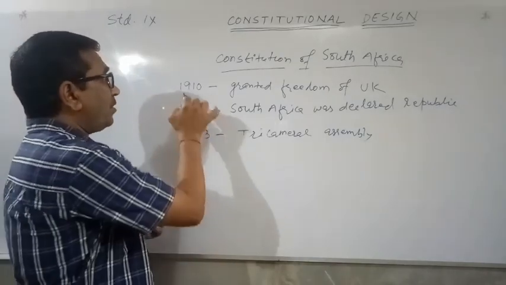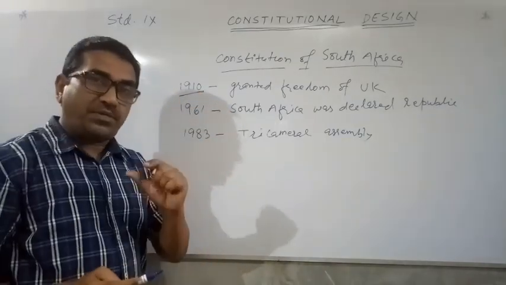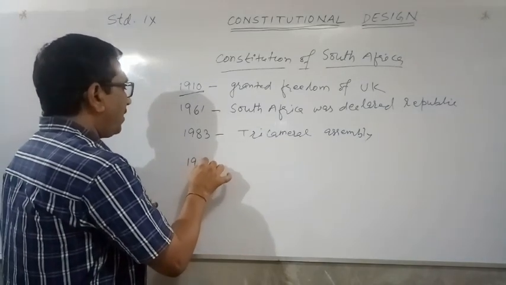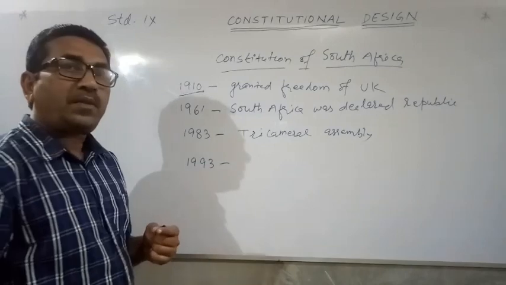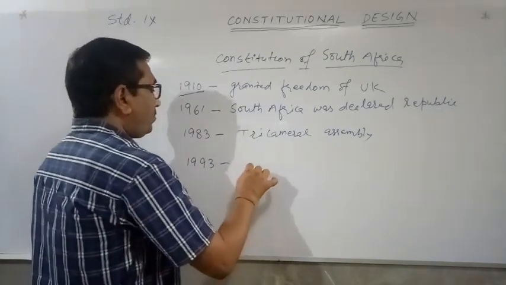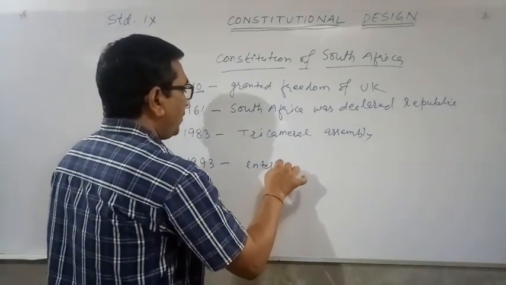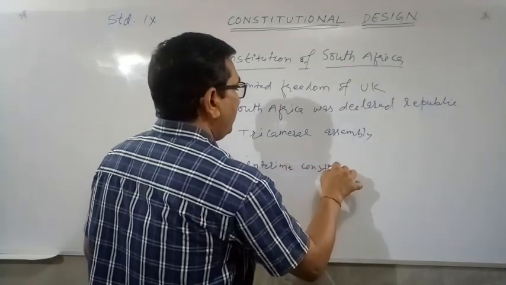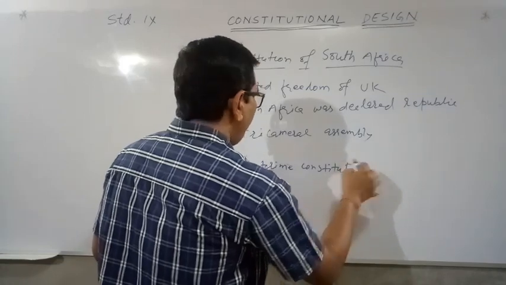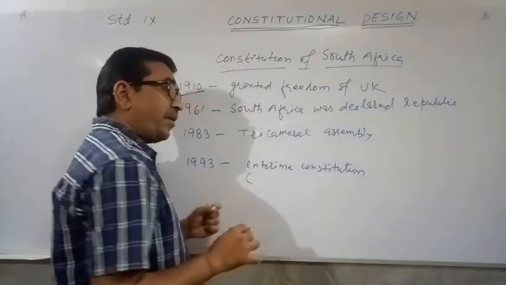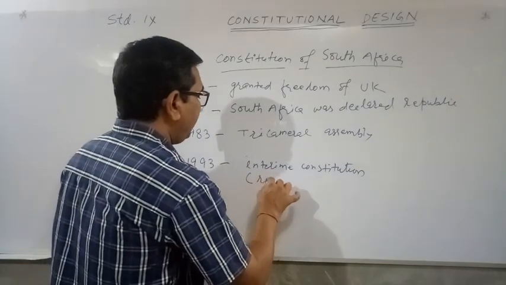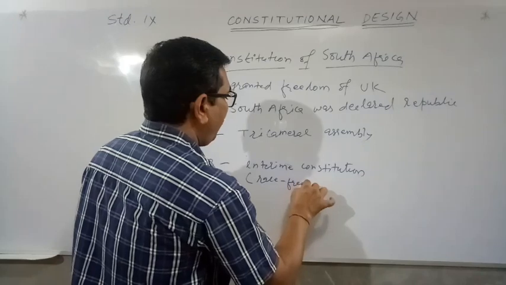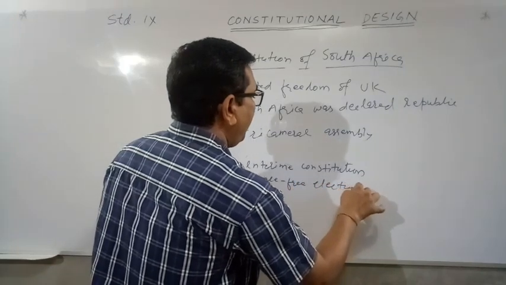We have taken help from the constitution of 1910. What provision have we taken? I am going to tell you. Then 1993: it was the Interim Constitution and racial-free election.